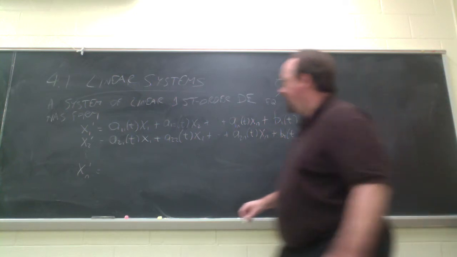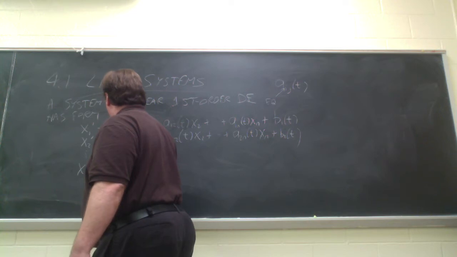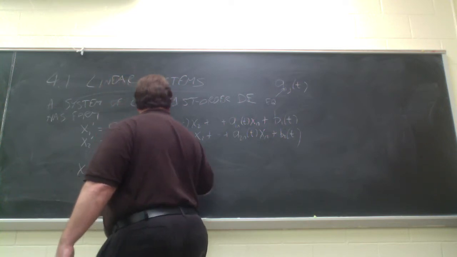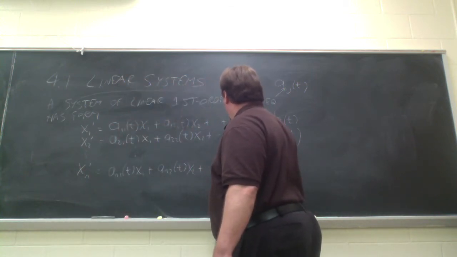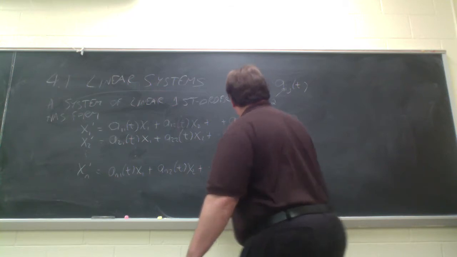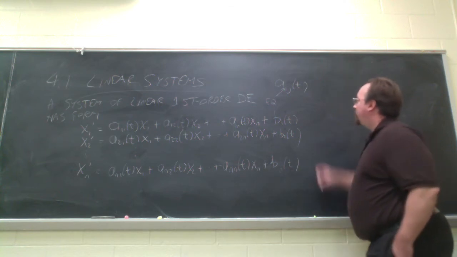And I can keep going all the way down to the bottom. So an1 x1 plus an2 x2 plus ann xn of t. All right, so the first index deals with the equation.